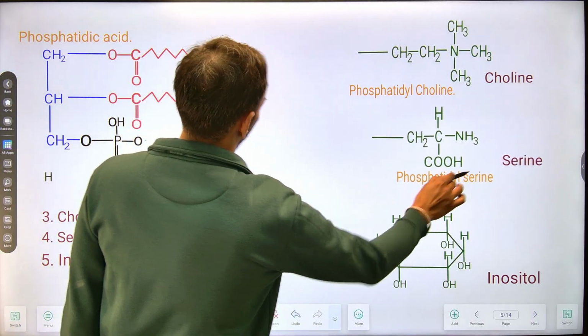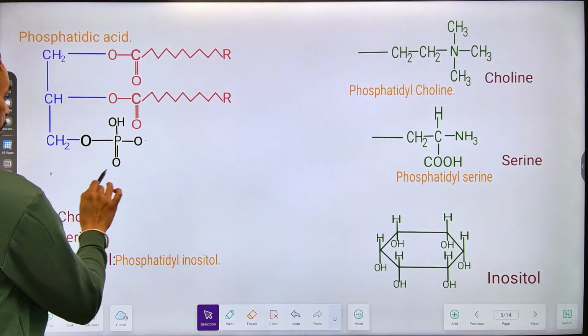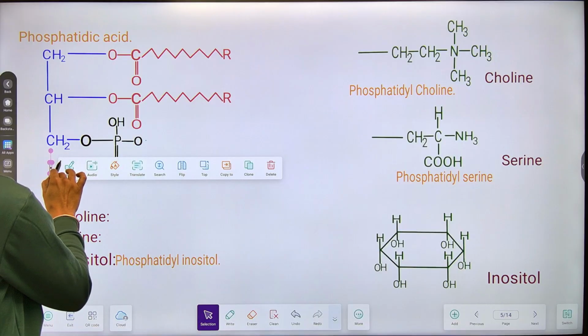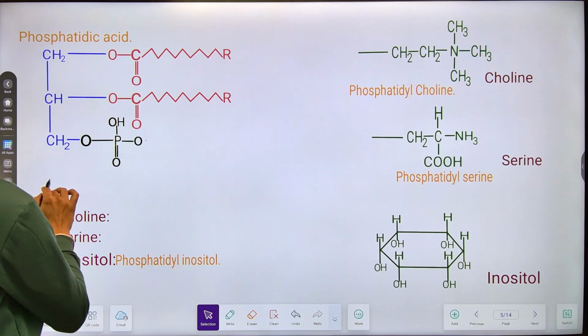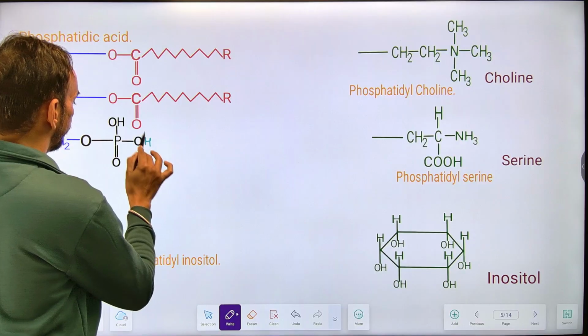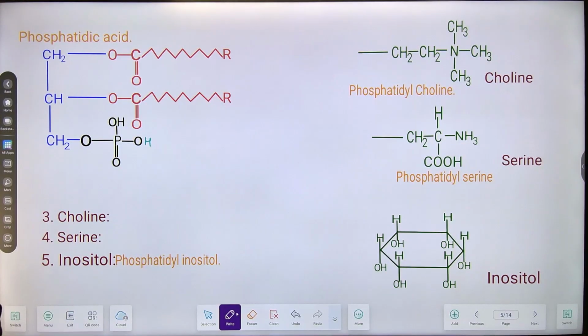Again, there is a presence of a phosphatidic acid.